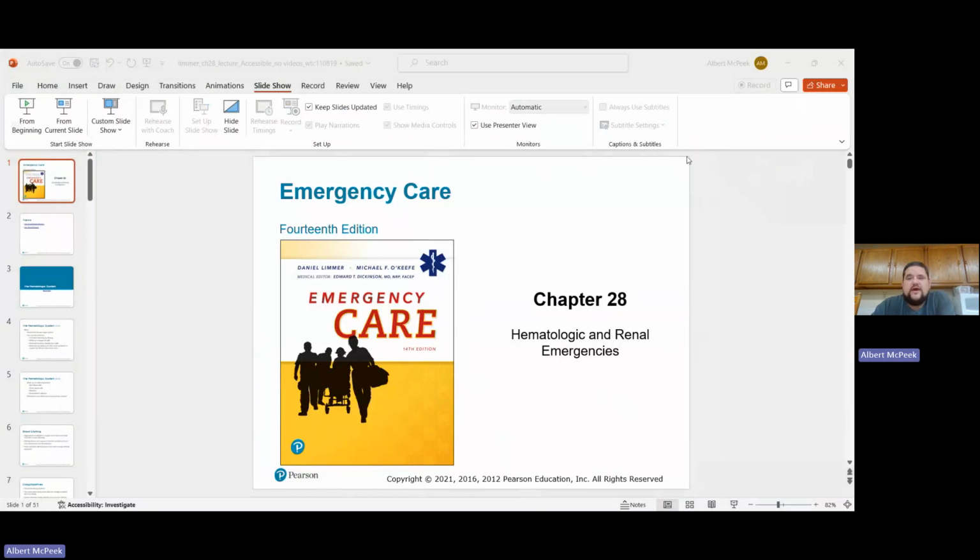Identifying patients' coagulopathies: certain medical conditions in which the normal ability to form clots can worsen the patient's disease. An example of this is patients with prescribed blood thinners. People who take prescribed blood thinner medications are more prone to have life-threatening bleeding when injured than patients not on these medications.